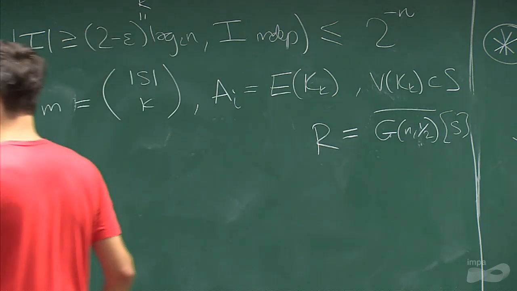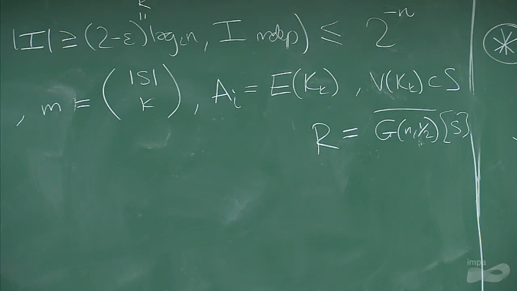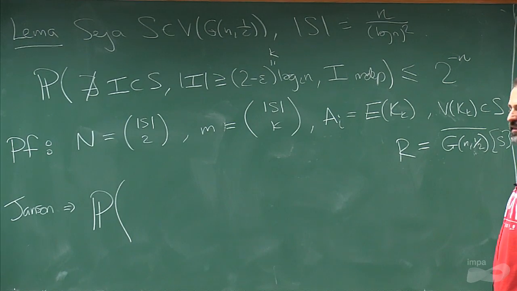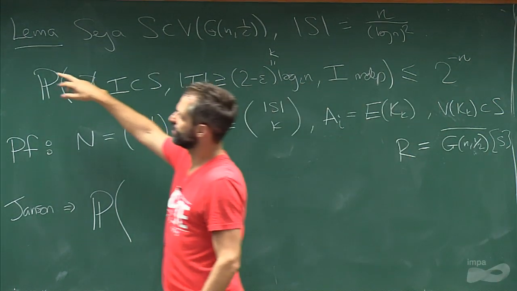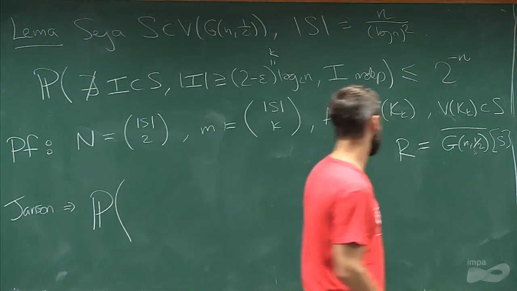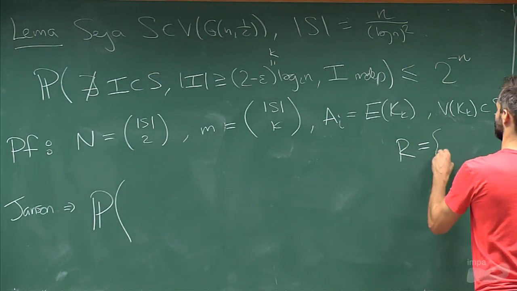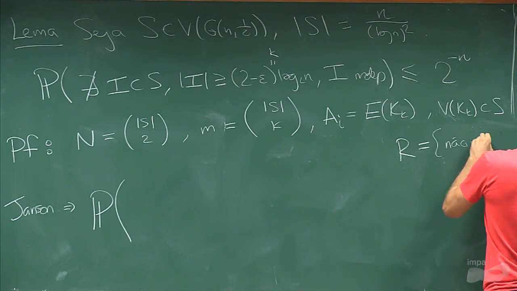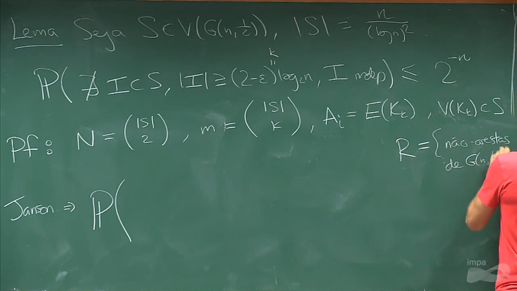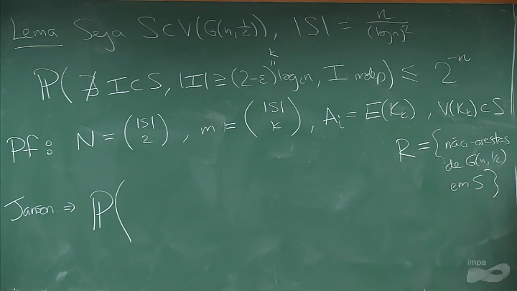Okay, so Janson implies the probability. Sorry, what is R? R is the random set here. Oh, sorry, it's the non-edges, the pairs inside S that are not edges of G(n,1/2).